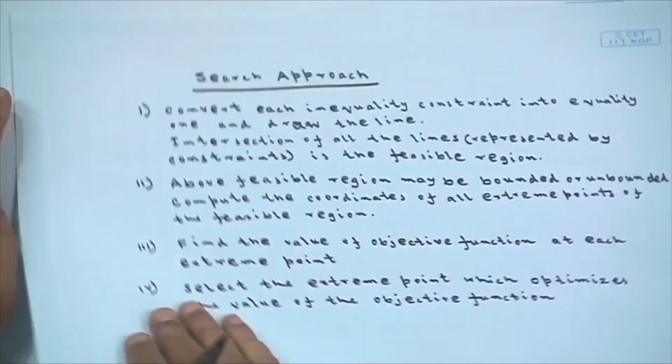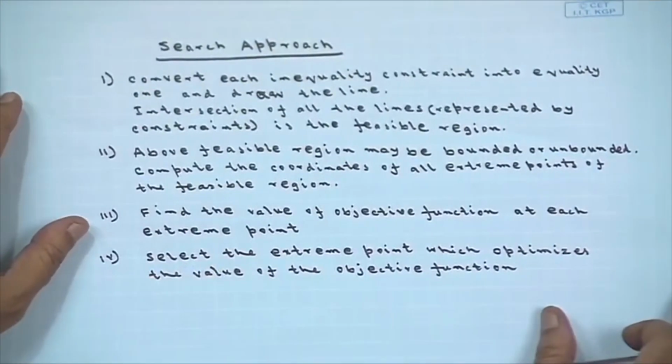So, for finding the solution of an LPP graphically, we will use an objective function which consists of two variables only. There are two methods basically, one we call the search approach and another one we call the ISO profit or ISO cost approach. So, two approaches we will use: one is the search approach and the other is the ISO profit or ISO cost approach.